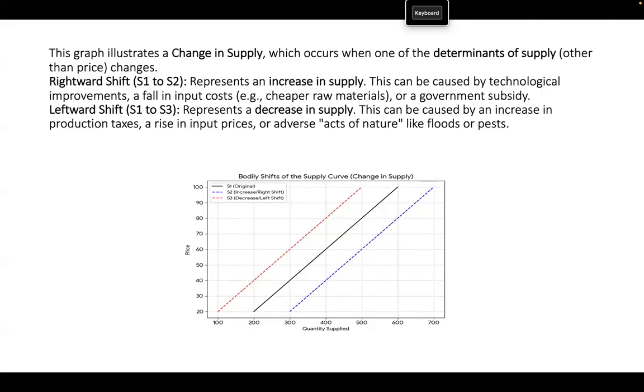So when the cost of input rises, it affects the supply of the product. Though there's no change in price, when the cost of labor is high, your input cost in production has risen.